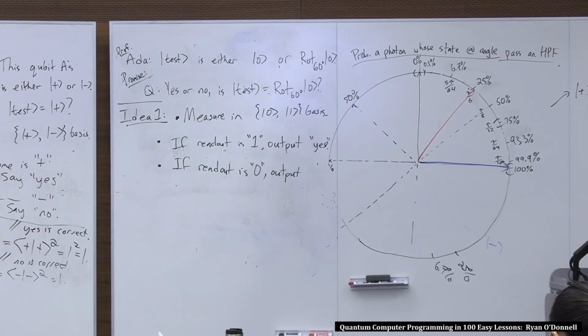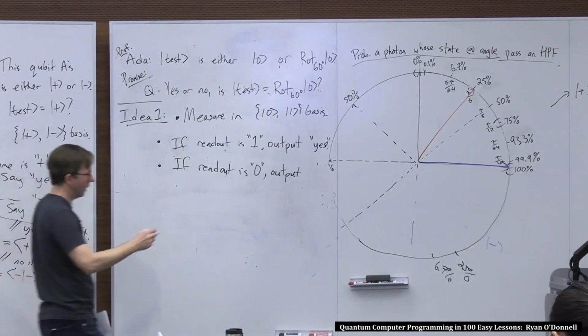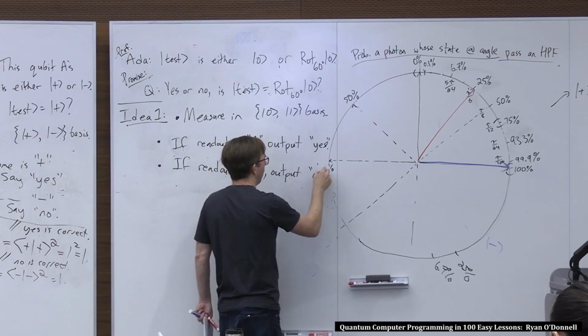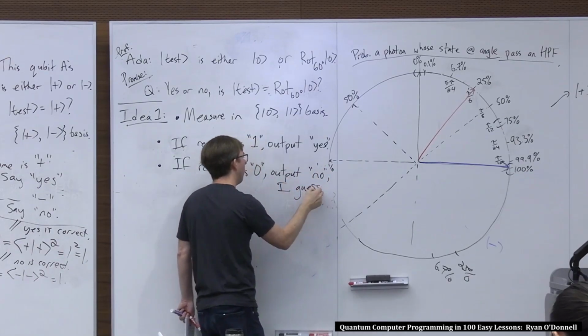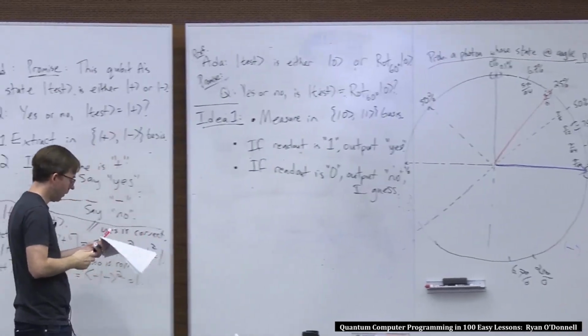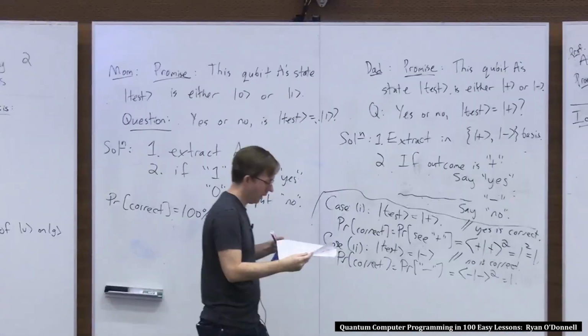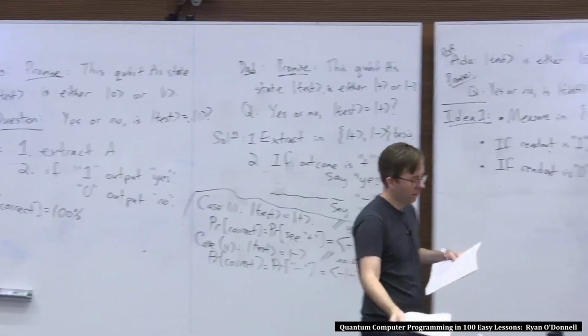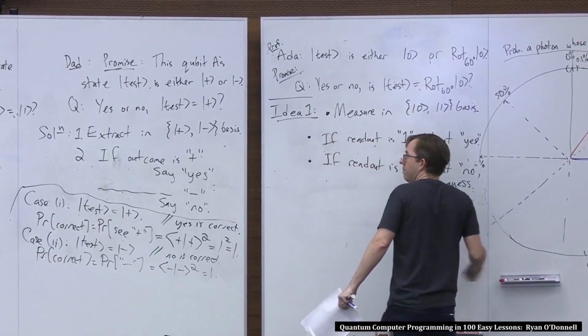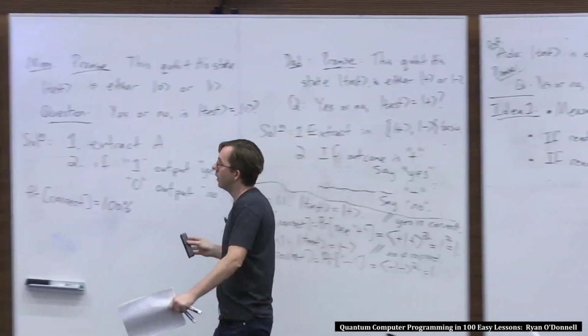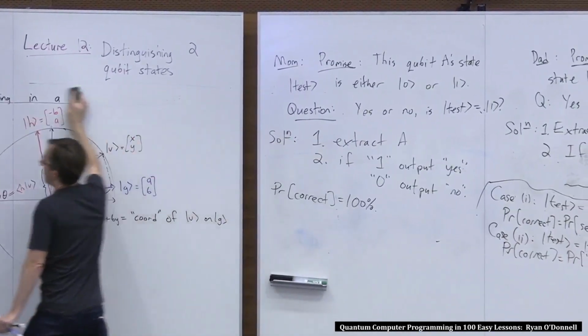But let's just output no and see what happens. This is a pretty good algorithm. There's a sense in which this is an optimal algorithm.